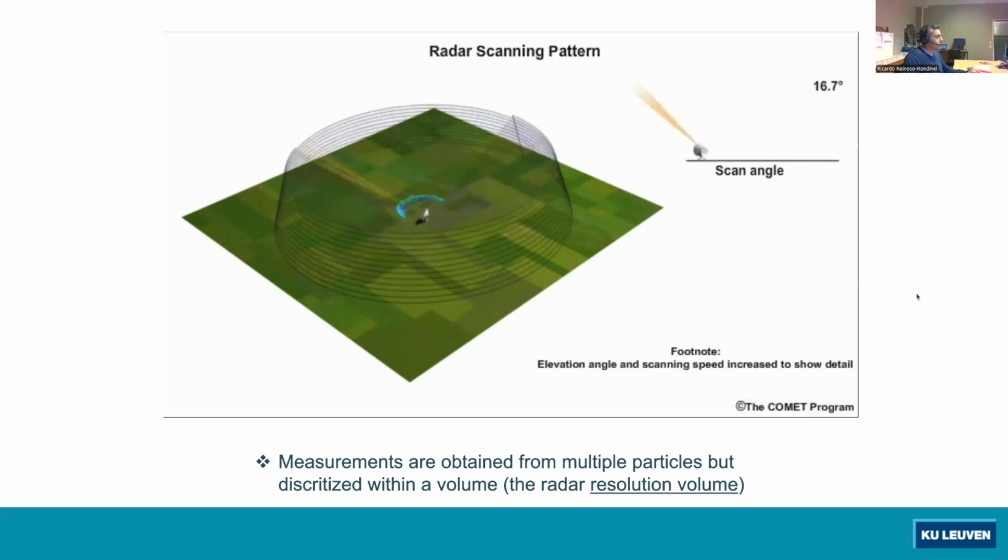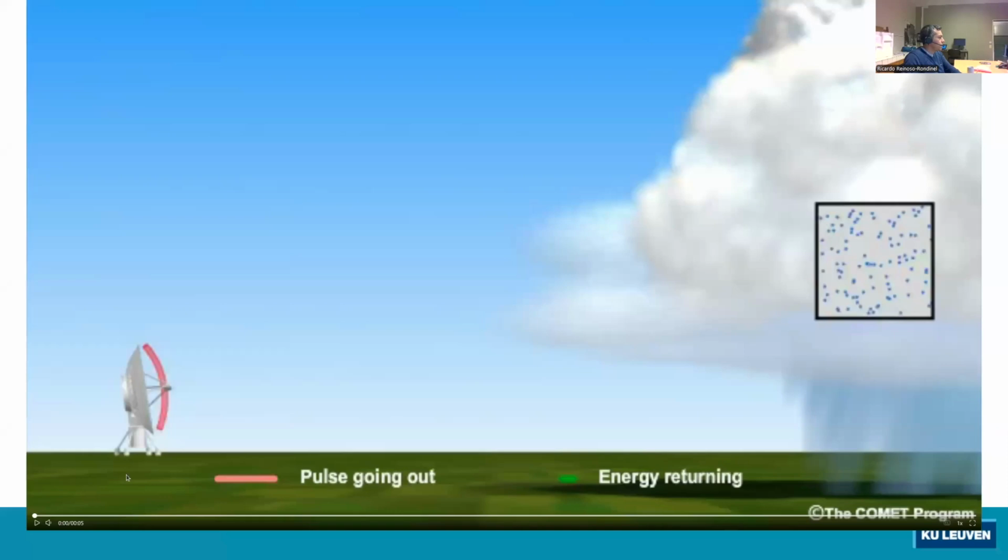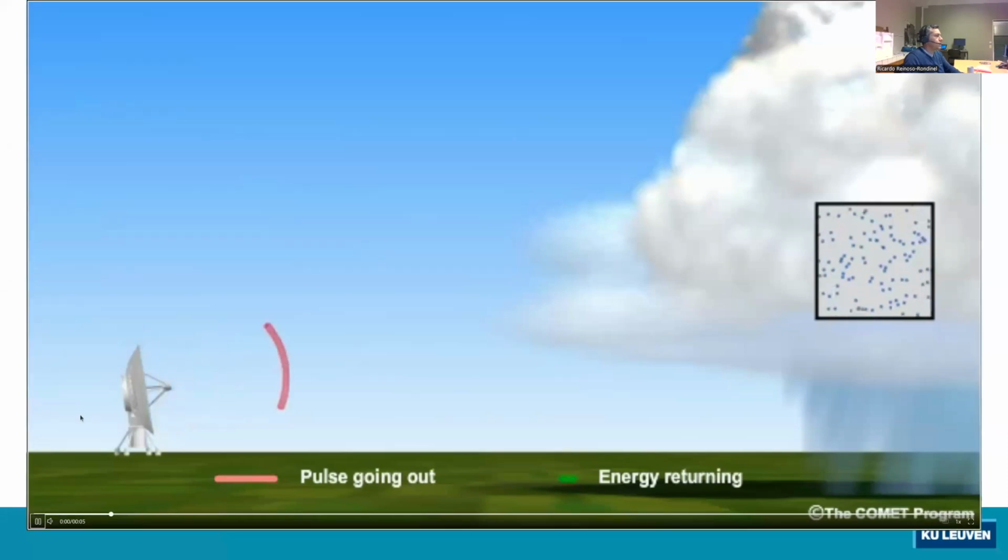Okay, let's move to what a radar actually does. It sends a sequence of pulses, and it waits, and it hears what object is in front or around it. With that time, the radar knows the location of the storm and also how many particles are there. So what the radar actually measures is power.